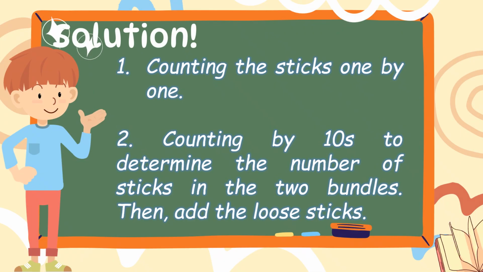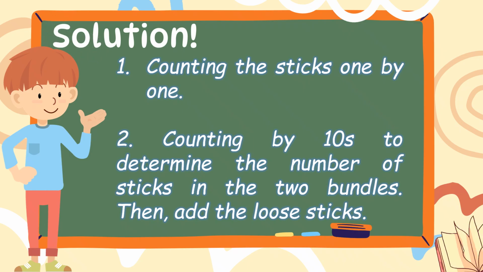In giving the solution, usually we count the sticks one by one. But if we are talking about a group, it's going to cost us a lot of time. There is another way, by counting the group or objects by tens.